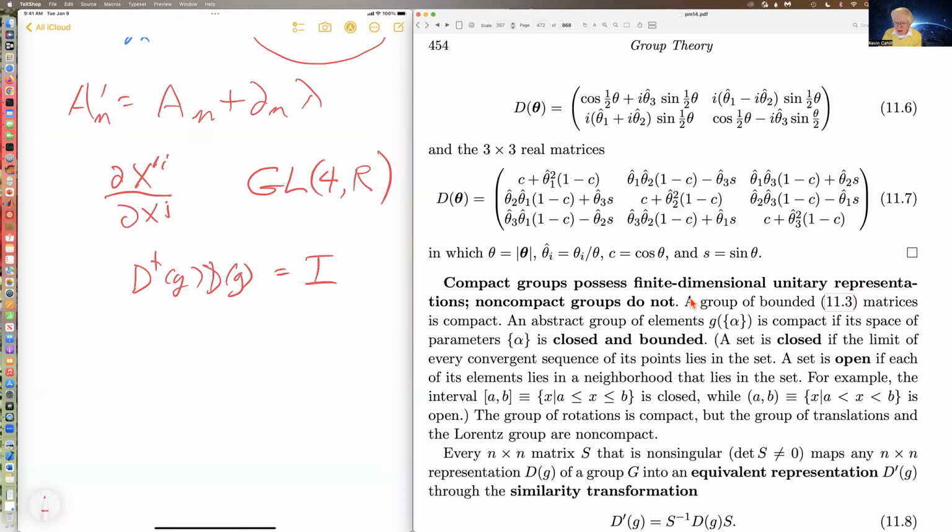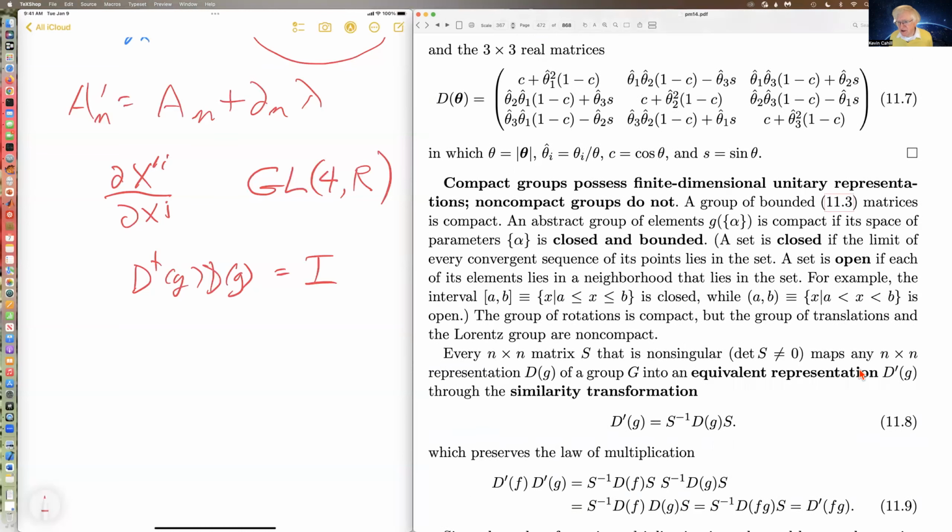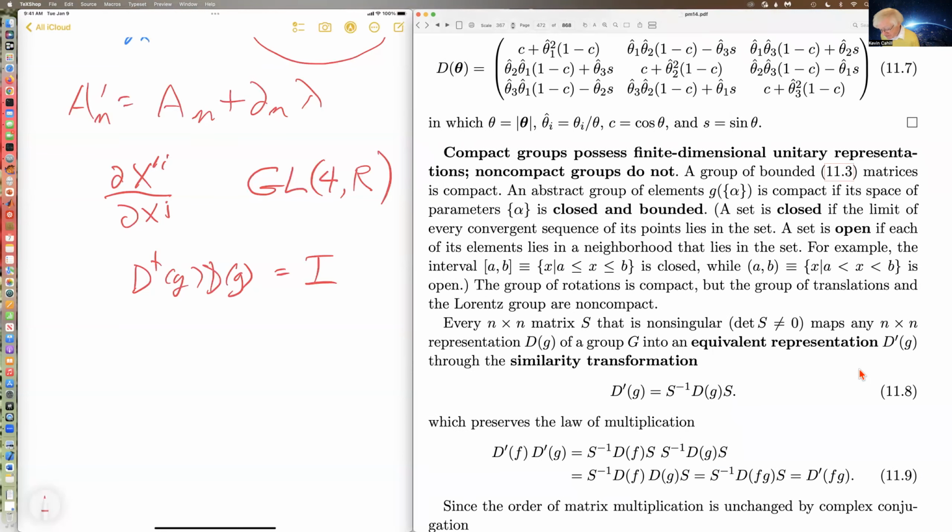By the way, there are two terms that sometimes show up in physics and are ubiquitous in mathematics. A set is closed if the limit of every convergent sequence of points lies in the set. And a set is open if each of its elements lies in a neighborhood that lies in the set.